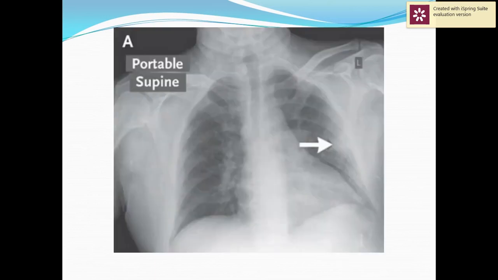This is one of our patients also, admitted because of acute onset of left-sided pleuritic chest pain, sudden onset associated with hemoptysis, and this is a triangular-shaped, pleural-based Hampton hump sign.